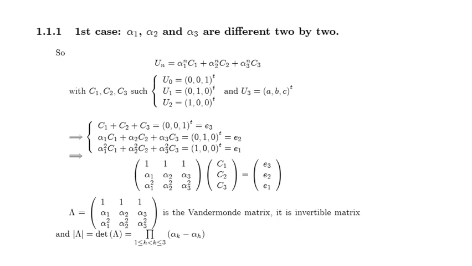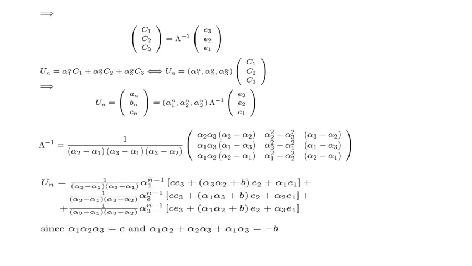With this matrix, a Vandermonde matrix, it is always an invertible matrix because its determinant has this formula, and the alphas are different two by two. So C1, C2, C3 is the inverse of the Vandermonde matrix multiplied by this vector.